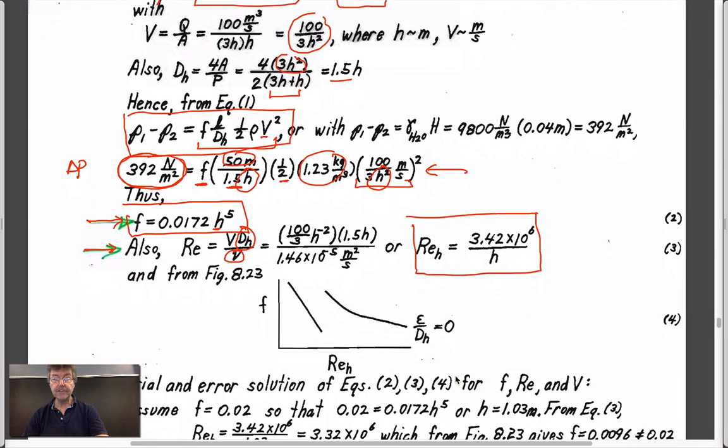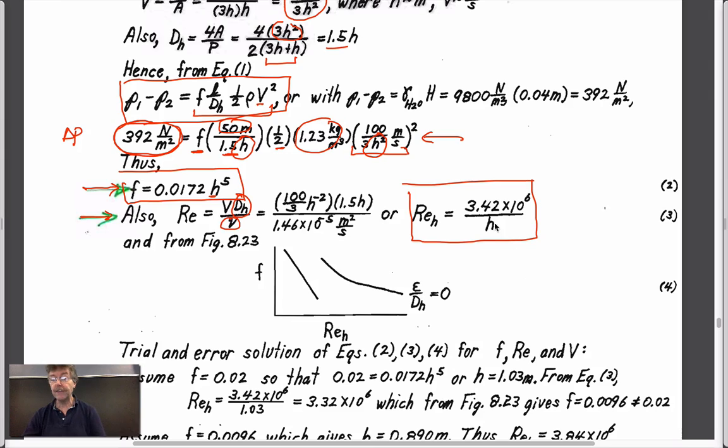And so what we can do is we could choose a value of h and calculate what the friction factor is, or we could just choose a friction factor and calculate from that friction factor a value of h. So we assume friction factor, calculate h, use this h to calculate the Reynolds number, and then we see if for that initial friction factor we had, it corresponds to the value of Reynolds number.